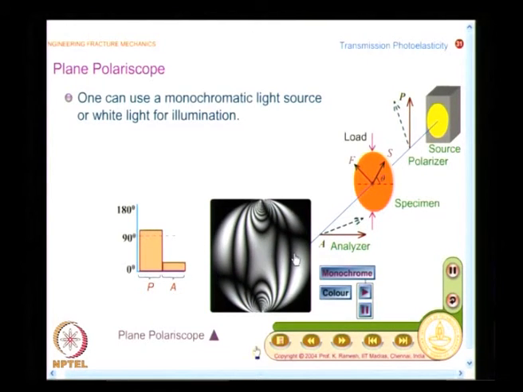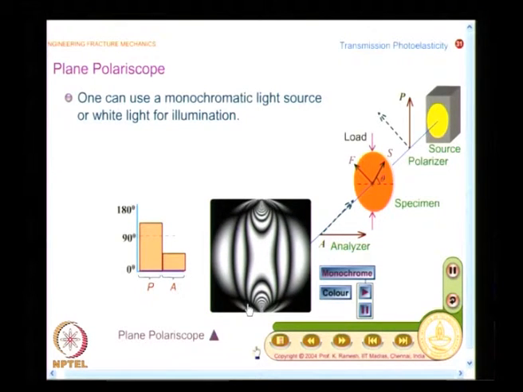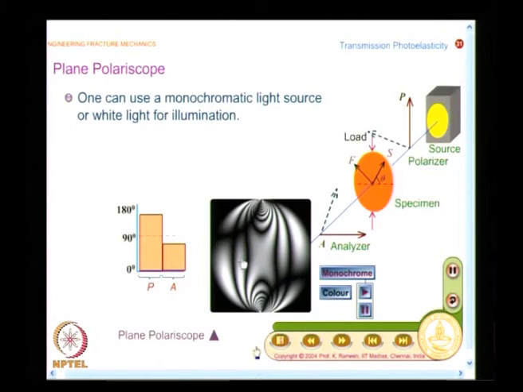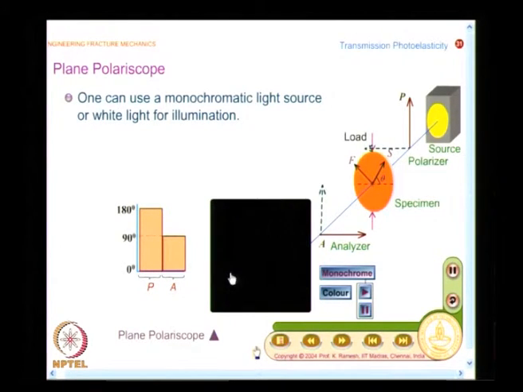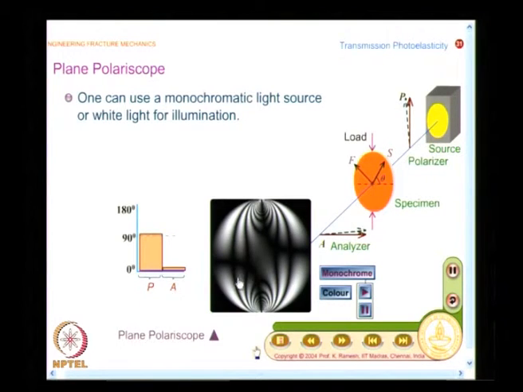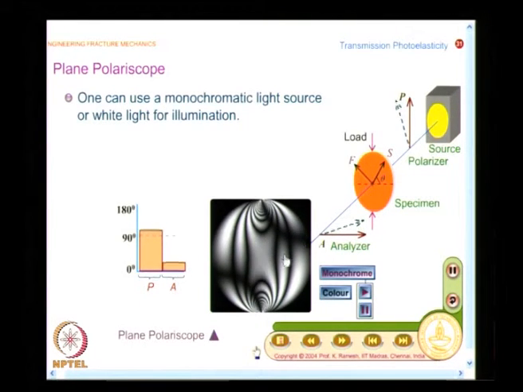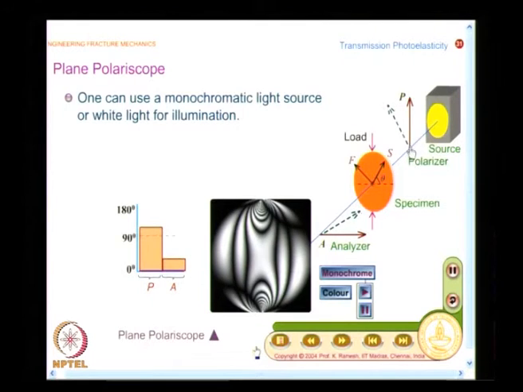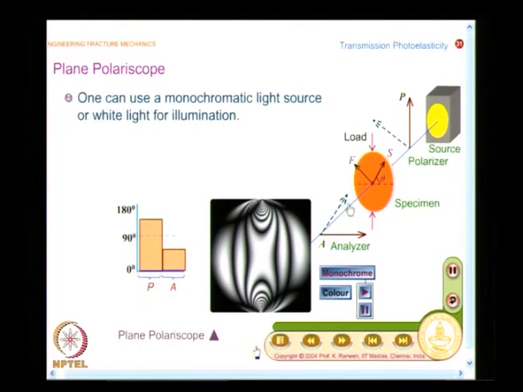When I rotate them, what I find is one set of contours remains stationary, these contours keep changing and they sweep the entire model. And this dotted line shows that the polarizer and analyzer are rotated, they are kept crossed.